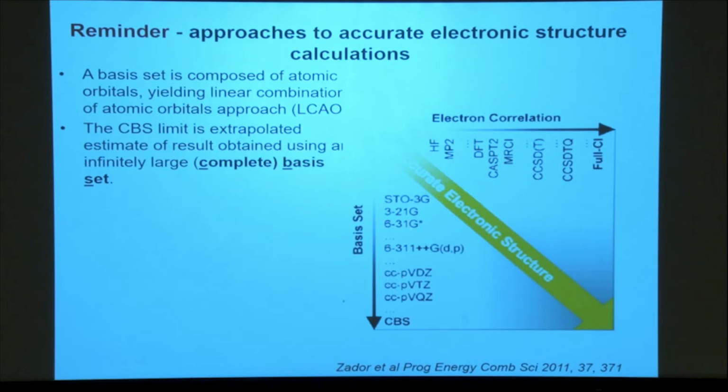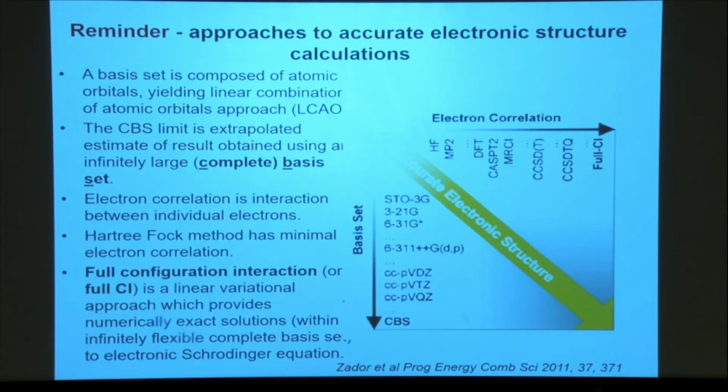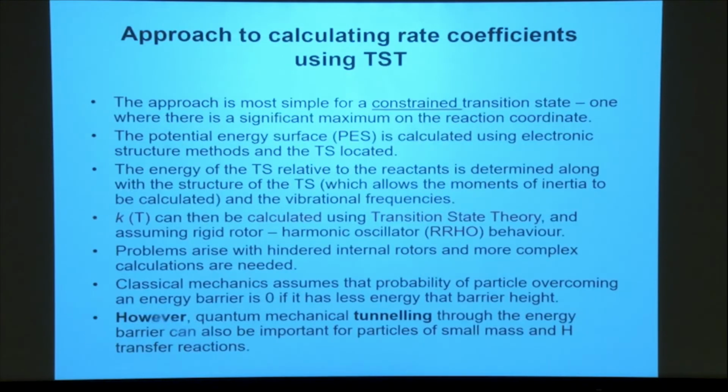Then we can include different levels of excitations, and we've got different levels of detail in terms of representing electron correlation, going all the way from none in the basic Hartree-Fock all the way up to full configuration interaction. And so all of this is feeding into the accuracy of the potential energy surface that we're going to provide to our method for calculating the rate constant. So that's basically a summary from yesterday.